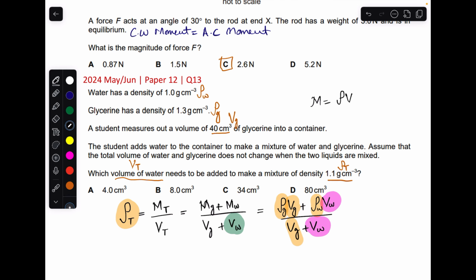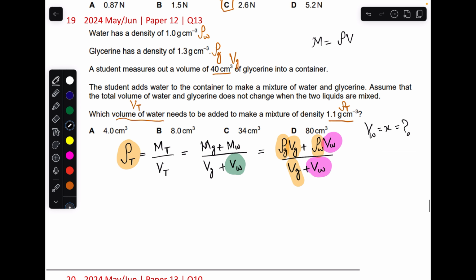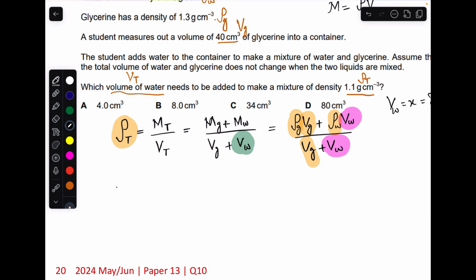Now it's simple, you just have to simplify this equation. Let's call VW as x, and that you have to find. Okay, so let's write down the equation. It is rho t equals rho g Vg plus rho w into x, divided by Vg plus x. Okay, now you can put the values.